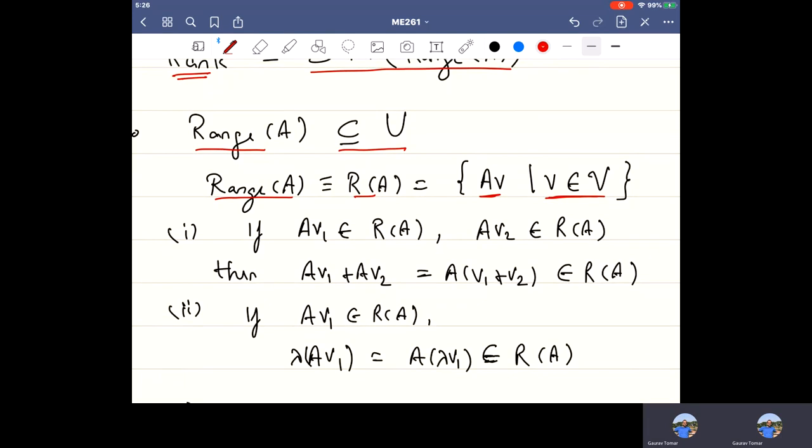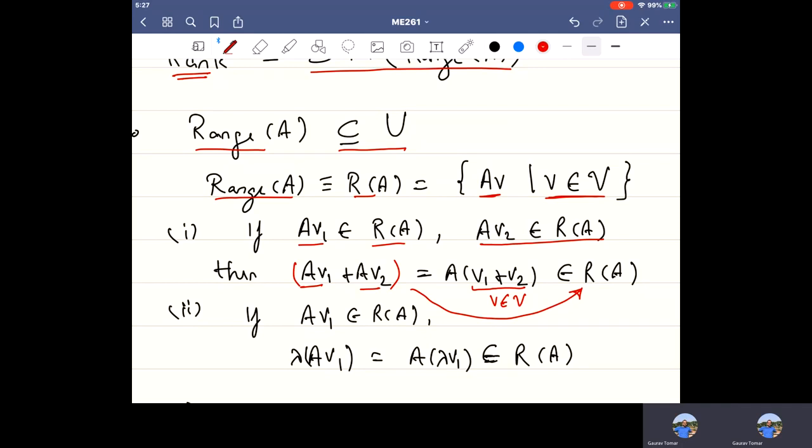If Av1 belongs to the range of A and Av2 also belongs to the range of A, then Av1 plus Av2, which is nothing but A of v1 plus v2, where v1 plus v2 is a vector in the vector space V. So again it's a linear mapping. That means Av1 plus Av2 also belongs to the range of A, right?